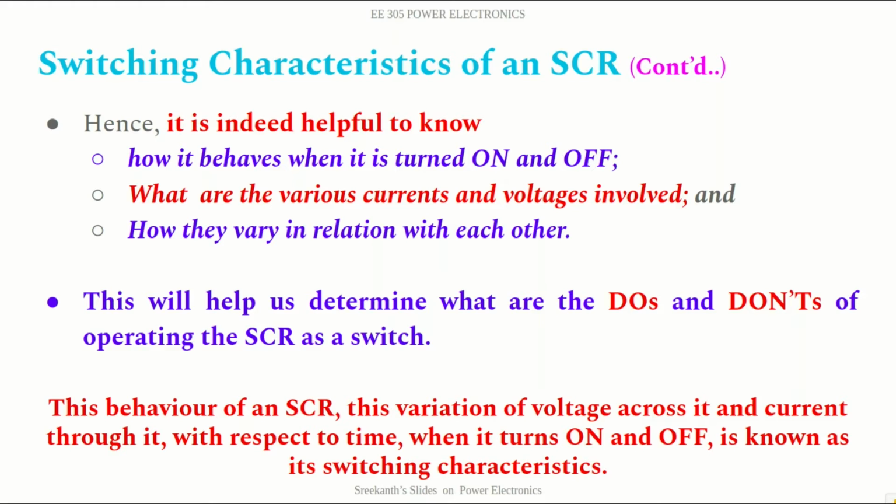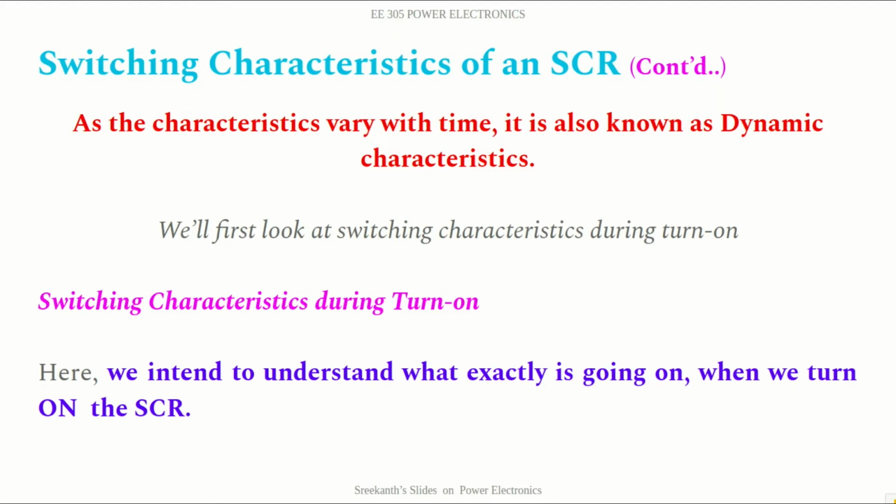That variation as time goes on is known as its switching characteristics. As the characteristics vary with time, it is also known as dynamic characteristics. So, the other name for switching characteristics is dynamic characteristics. If they ask what you mean by dynamic characteristics of an SCR, they mean switching characteristics of an SCR.